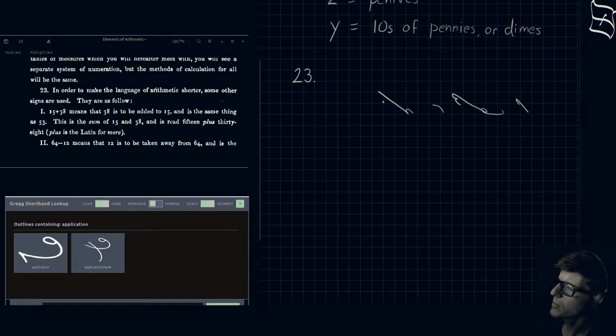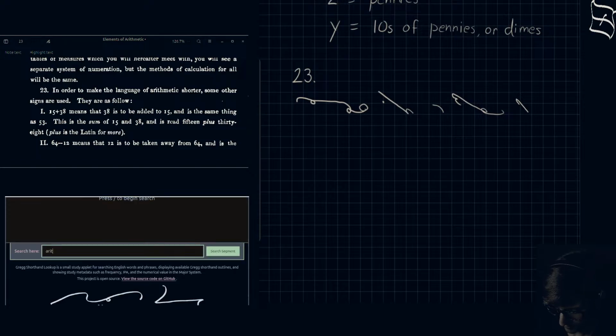And let's go ahead and look up the word for arithmetic. I'm thinking it's going to be A-R, arithmetic. I don't think that's correct, but we'll go ahead and check it out in the dictionary.